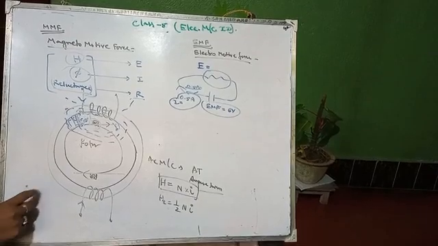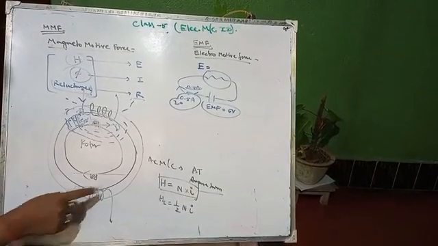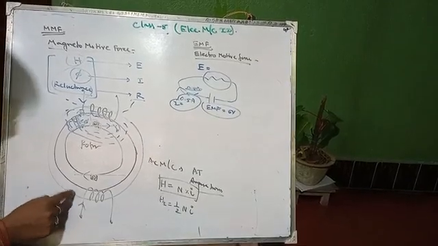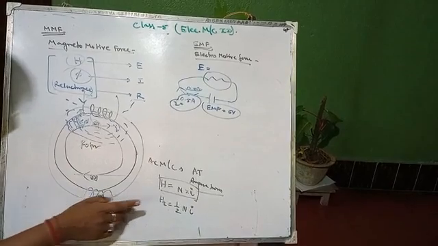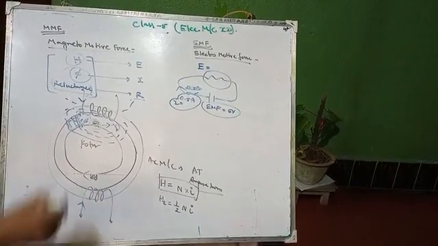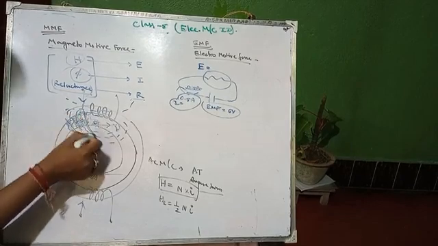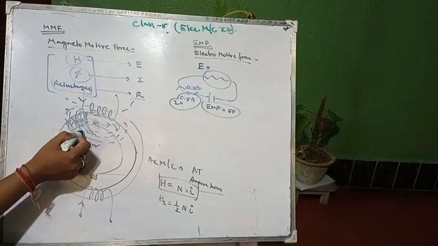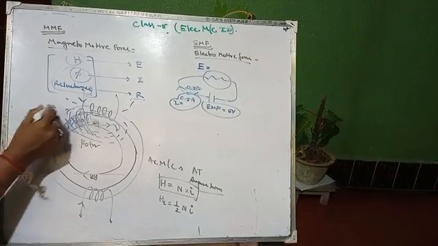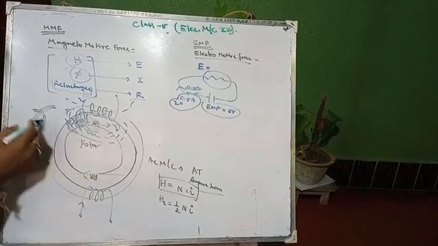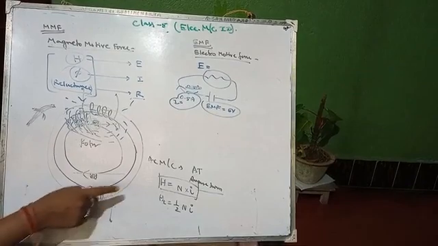The amplitude of the MMF wave, which means flux phi, varies with time but not with space. That means this flux always flows through this particular path. As time increases, it never leaves this path; it always flows through the same path. The magnitude may vary, but the flux space does not vary. So the first point is that the amplitude of the MMF wave varies with time but not with space.